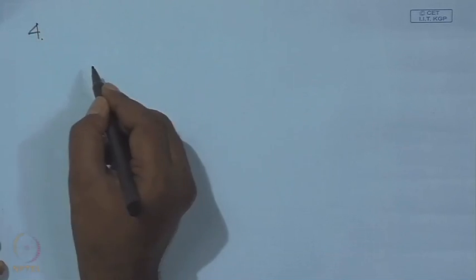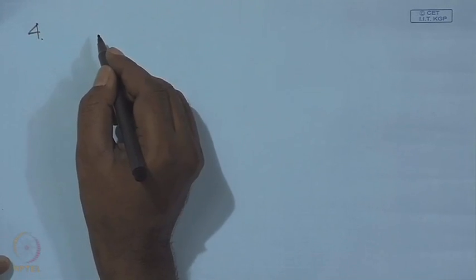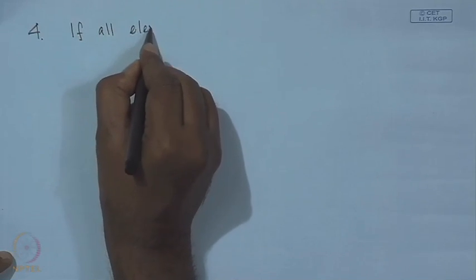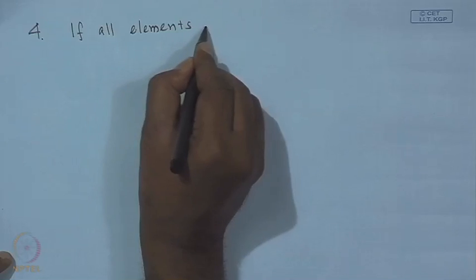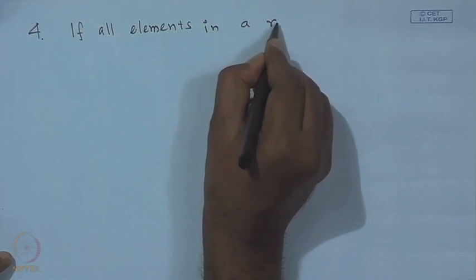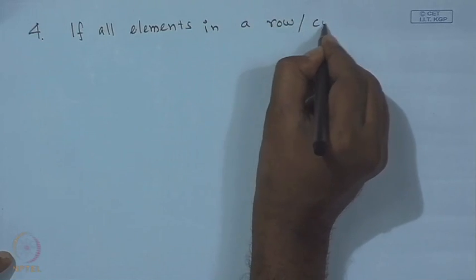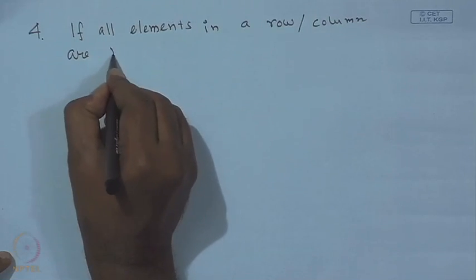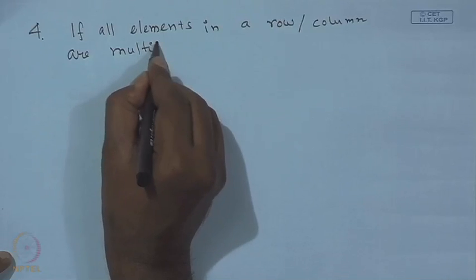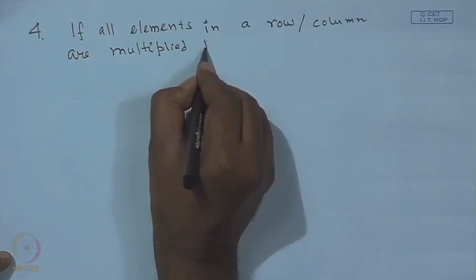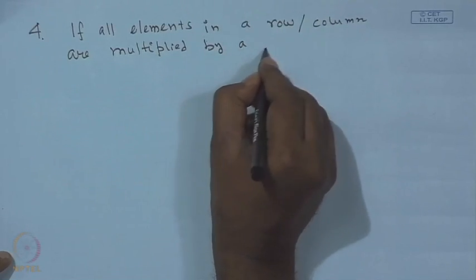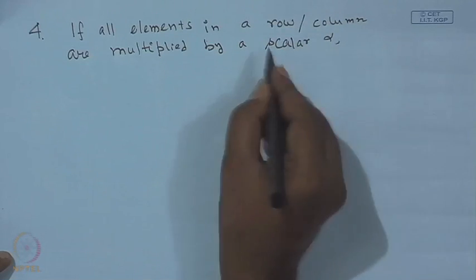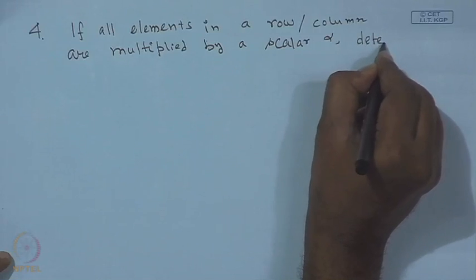The fourth one is that if all elements in a row or a column are multiplied by a scalar alpha, let us say, the determinant is also multiplied by alpha.